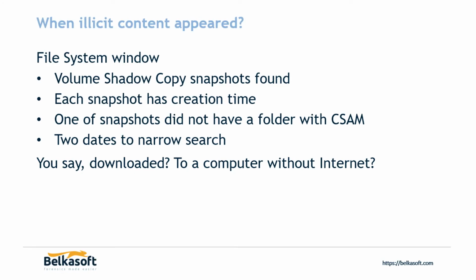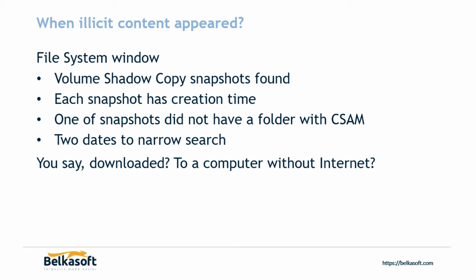Now, when the investigation changed its status and main focus, another set of methods was involved. First of all, when the illicit content appeared on the computer. Using the file system window, it was determined that one of the NTFS partitions contained several volume shadow copies.